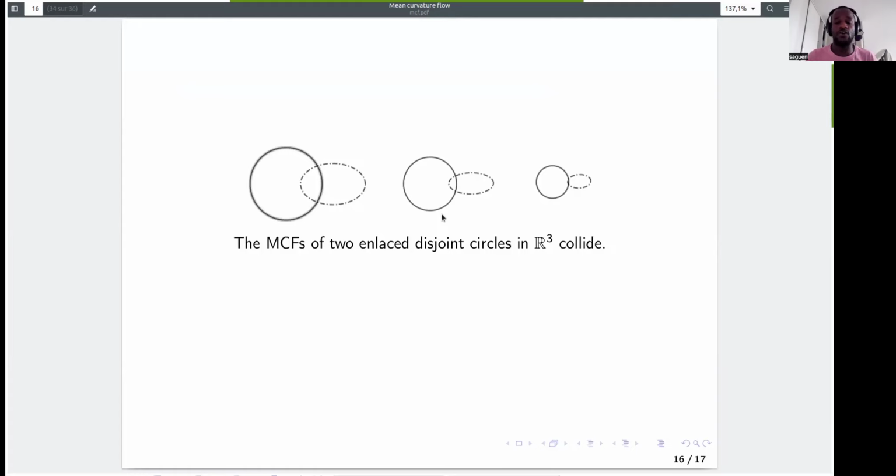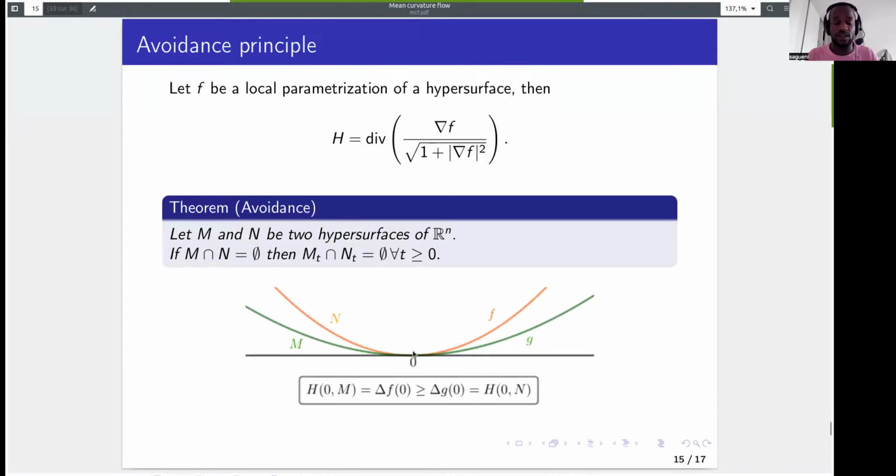So we have the law r(t)^2 = r^2 - 2t. This one is going to evolve like this, the other this way, so they're going to touch each other, and the avoidance principle is not satisfied. In the proof, we considered one inside the other, to prove that the one outside pushes the one inside.